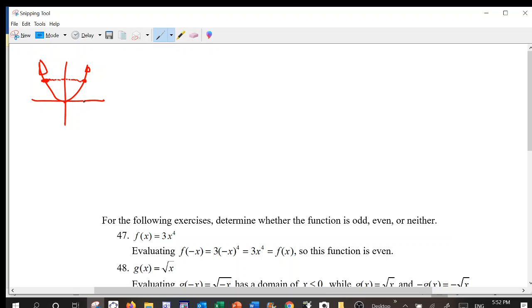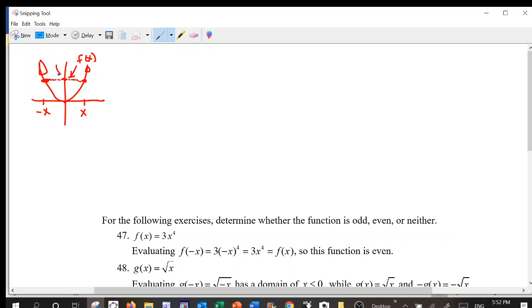Now, we want to algebraically figure out, without graphing, whether the graph is symmetric about the y-axis or not. How do we do that? Well, think of this as x. If this is x, that has to be negative x, right? And then this point right here on the y-axis is really f of x, right?